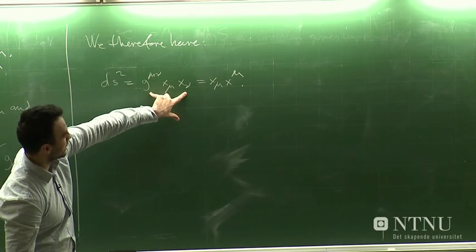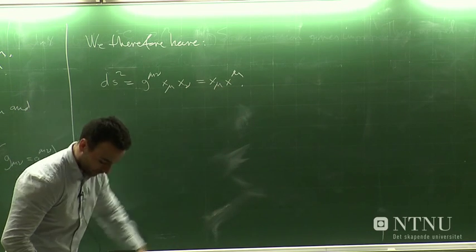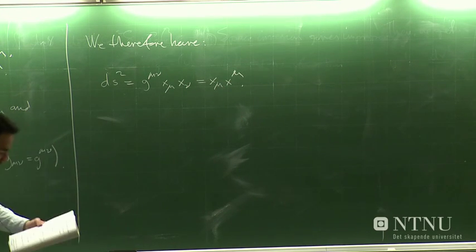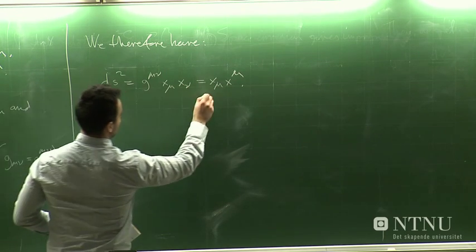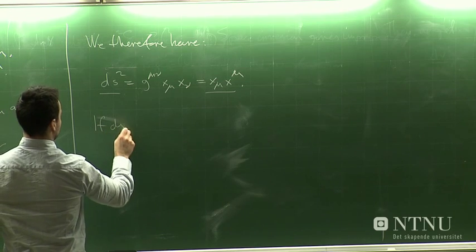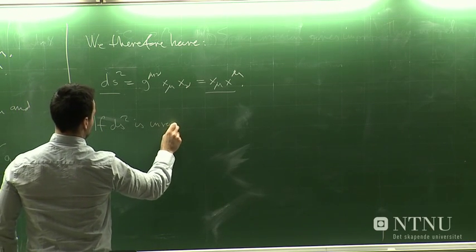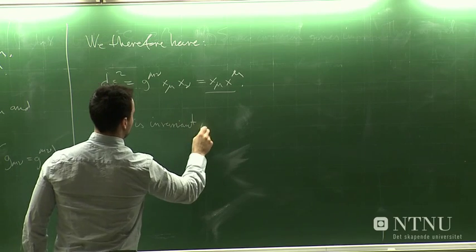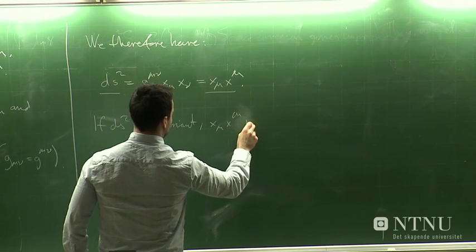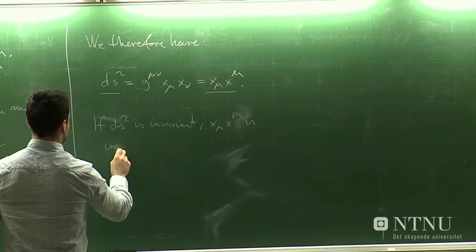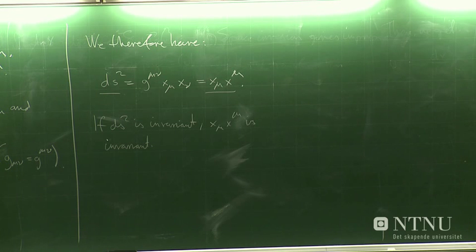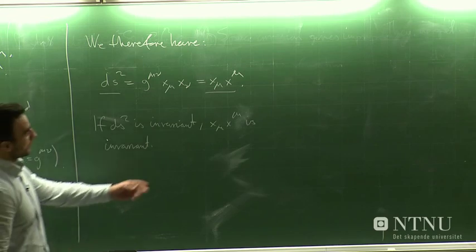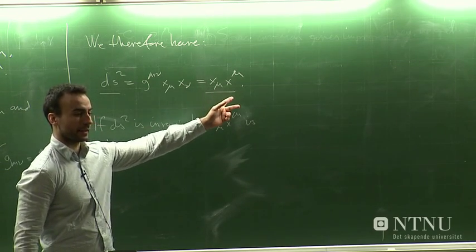So I combine these two elements here into this. So if this quantity ds squared is an invariant in all inertial systems, for instance, well, this product of the covariant and contravariant vector here is also an invariant.